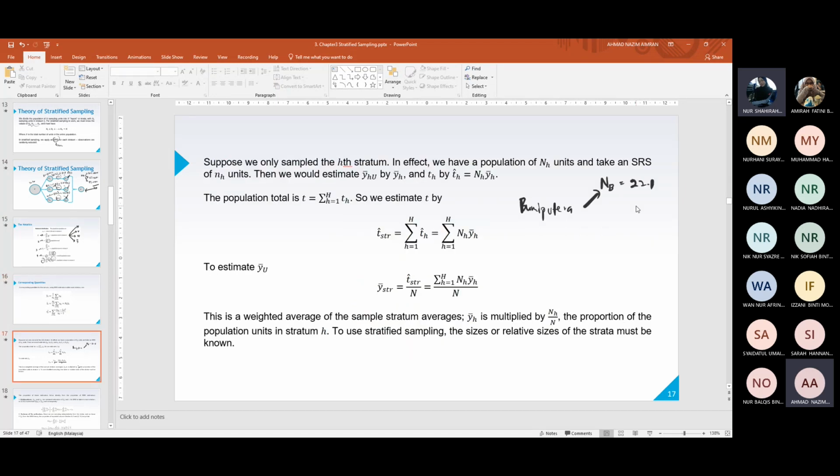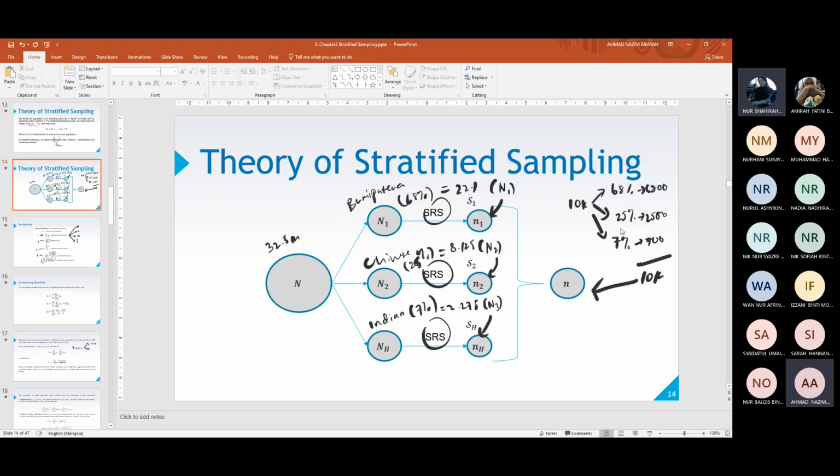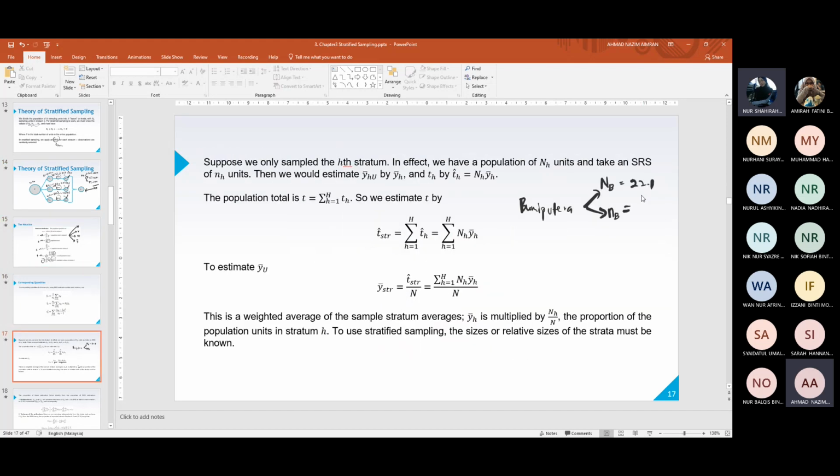And out of these 22.1 million Bumiputra, we randomly select 6,800 Bumiputra. Okay, so you already have these two values.